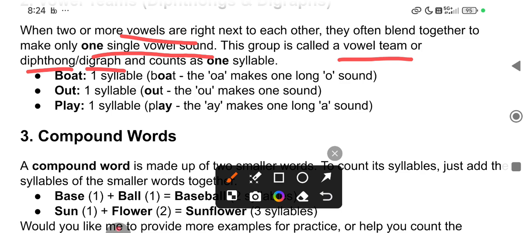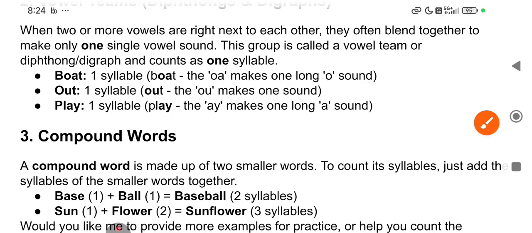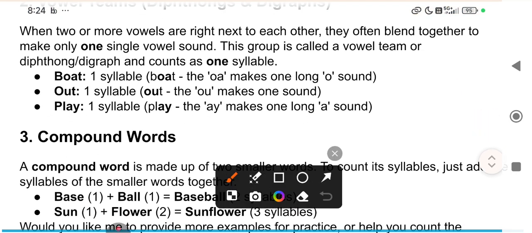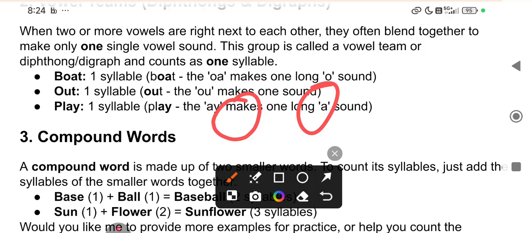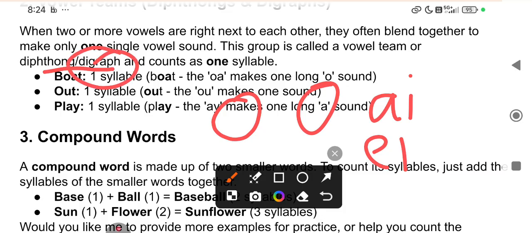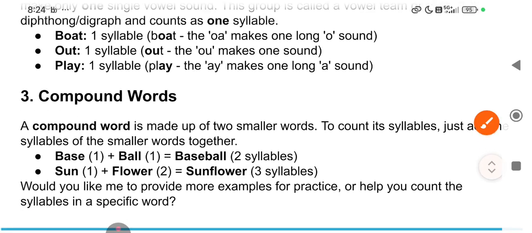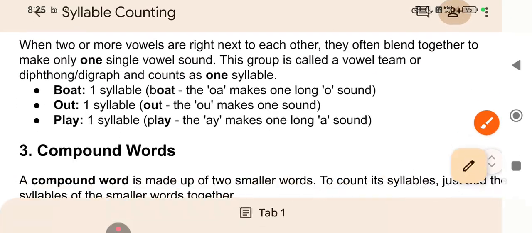Digraph: these shape symbols are called graphs, and di means two. Suppose we have written two graphs, I and E. So these are two graphs, two monophthongs we can say, which is called a diphthong or digraph. It means two graphs and counts as one syllable.